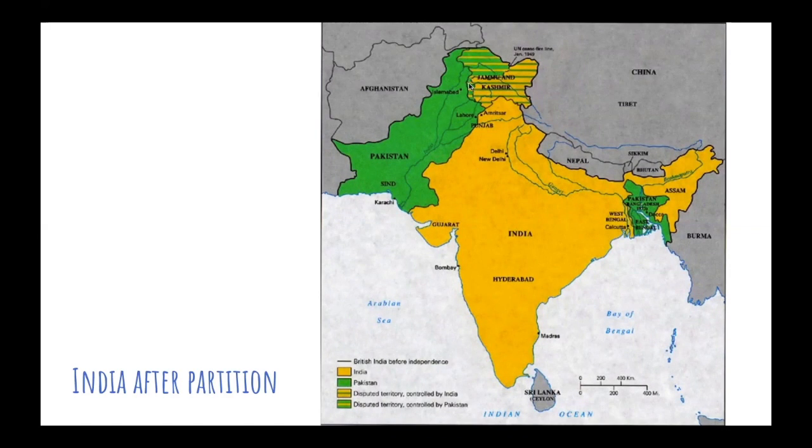But if we look in this northern part of India and Pakistan here, there is a region called Kashmir. Kashmir is a very, very, very disputed territory. We see there's mixed control between India and Pakistan on who really controls it. Because one thing we have to know is that the leaders of Pakistan and India did not draw these borders of what Pakistan was going to look like.